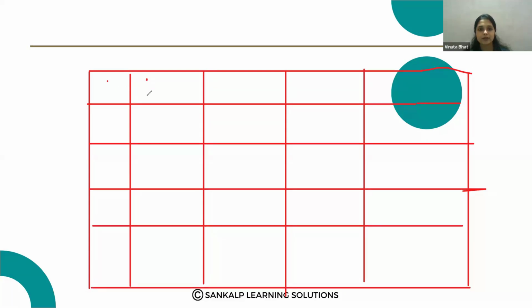Okay, so here gametes, I will write here: capital R, capital Y, capital R, small y, small r, capital Y, small r, small y. And here also capital R, capital Y, capital R, small y, small r, capital Y, small r, small y.